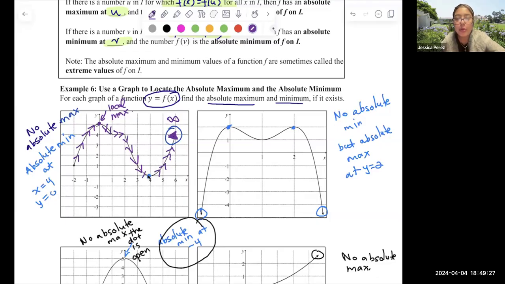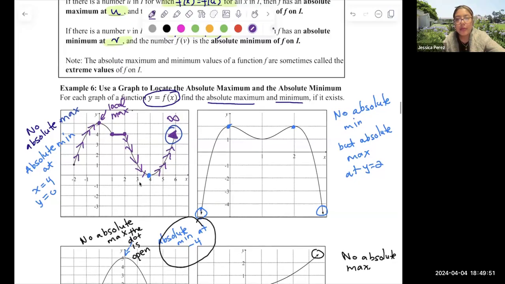So this point is the absolute minimum point. You could say you have local minimums. This can be 1. This is a constant, so from here to here, it'd be constant. So they don't count. But the absolute minimum point would be at this value.